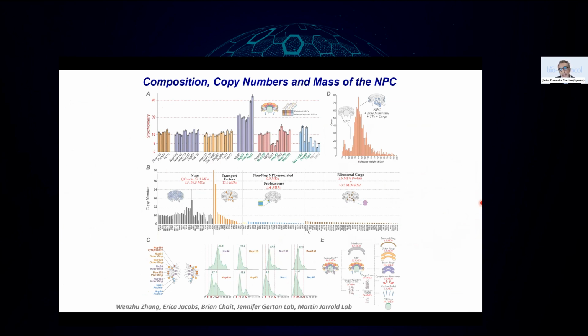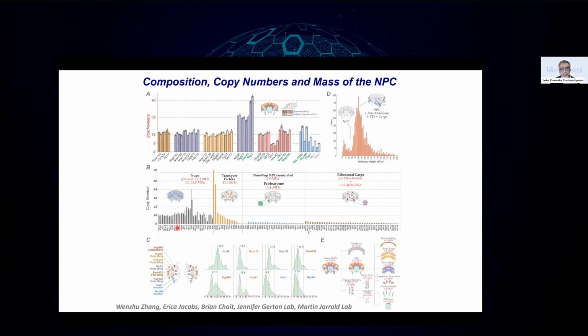We used a combination of different techniques, starting with quantitative mass spectrometry using a synthetic internal standard called QconCAT, and in collaboration with the laboratory of Brian Chait with Wenzhu Zhang, we were able to get a very accurate quantification using mass spectrometry of the relative ratios of every single nucleoporin that forms the core scaffold of the NPC.